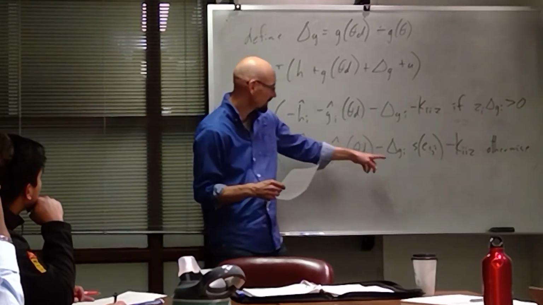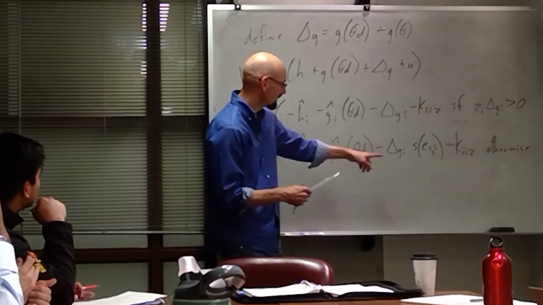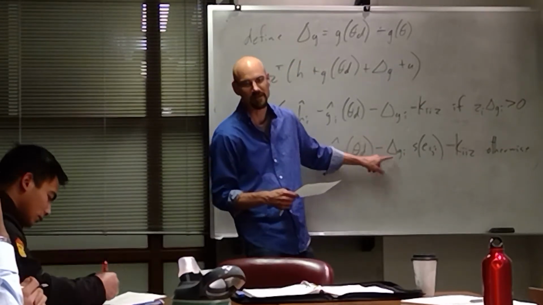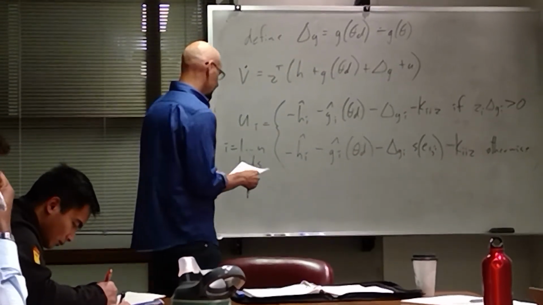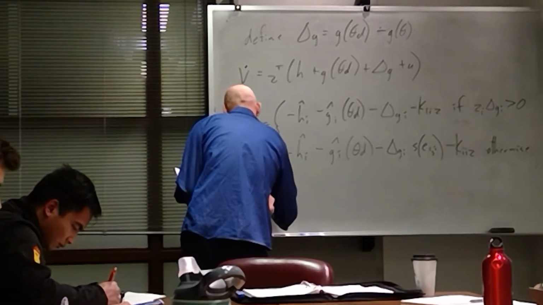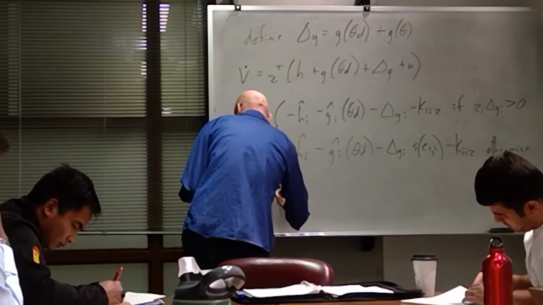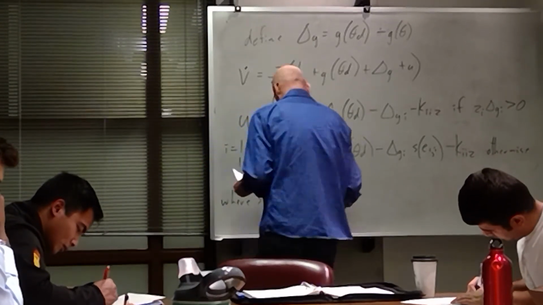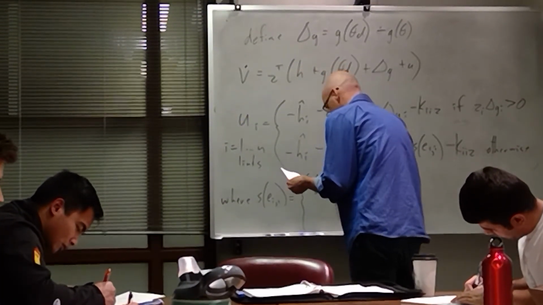So I'm just going to have this little smoothing function in here. But the idea of this is to make this disappear. Okay, so I'll try to make this disappear as quickly as I can.